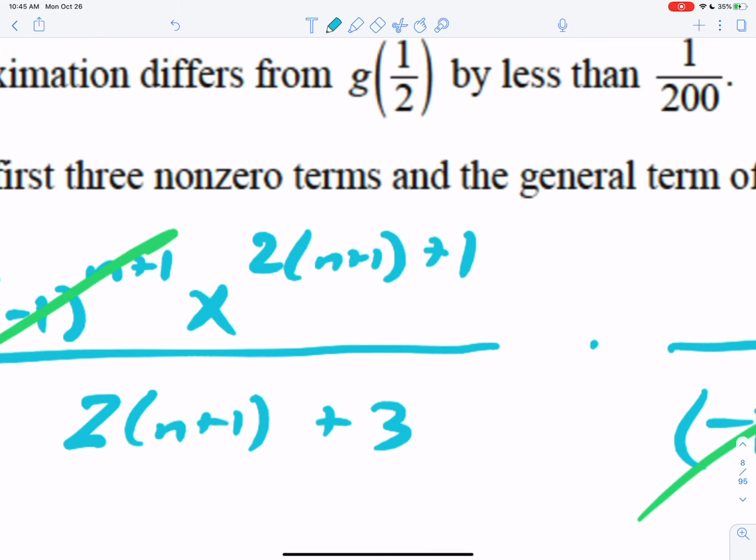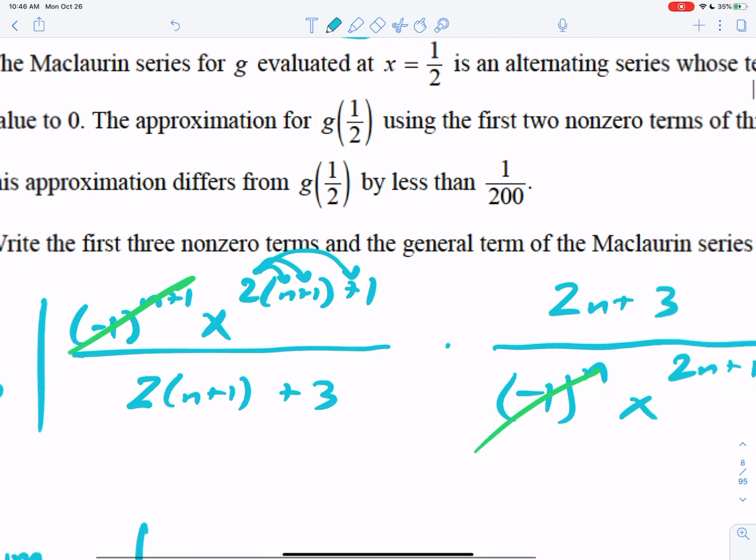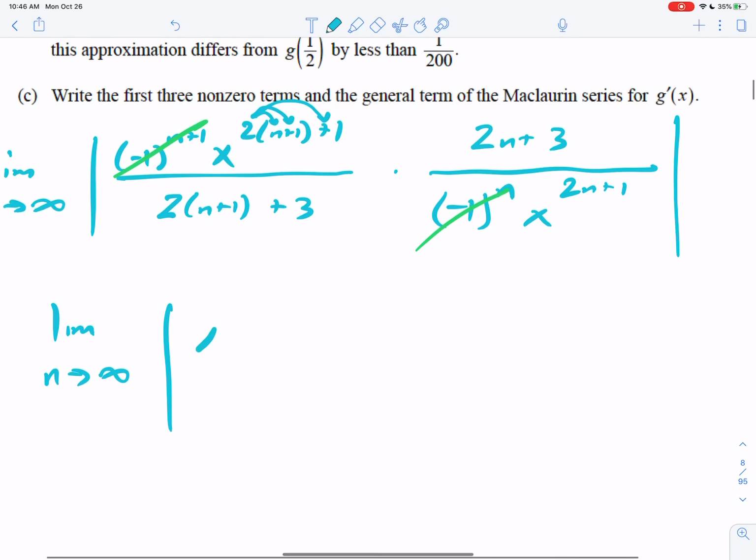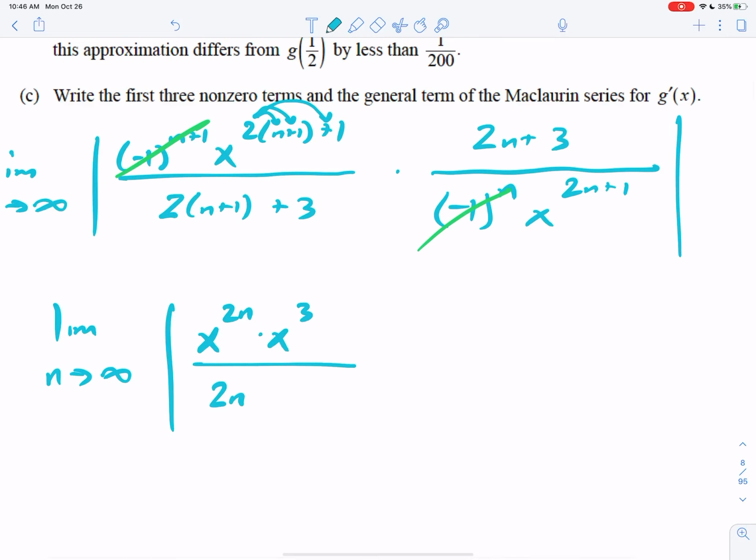Up here is 2n plus 2 plus the 1. So that's 2n plus 3. So that's x to the 2n times x to the 3rd. And I'm writing it like that so I can reduce later, okay? Down below here, I have 2n plus 2 plus the 3, which is 2n plus 5.